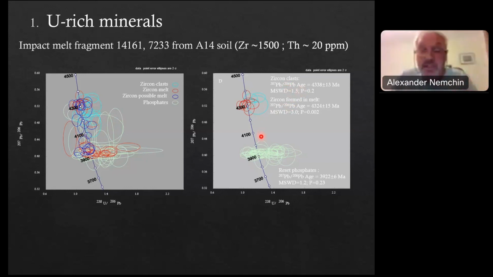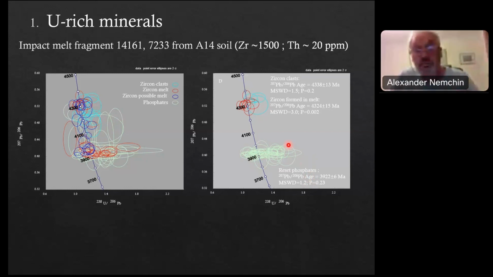Anyway, these pieces of melt experienced a second event at 3.9 that reset apatites quite substantially, and the age is 3922, which we believe is the Imbrium impact. So the idea is that we formed the impact melt at 4.325 or something like that. Pieces of this material were caught in Imbrium ejecta.